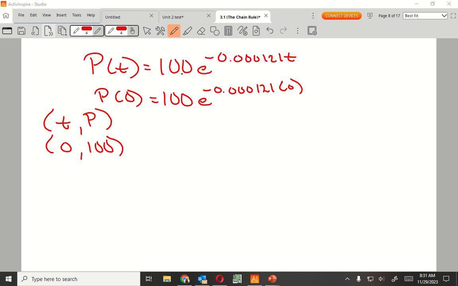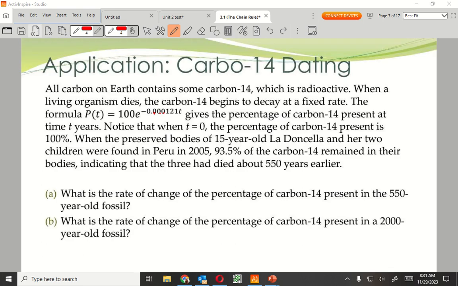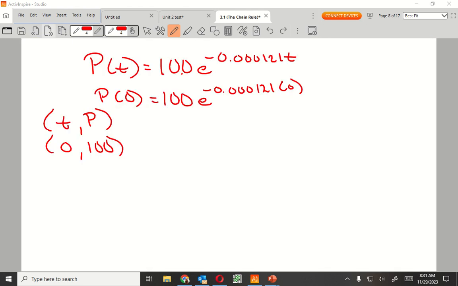Alrighty. So now I'm going to look at it and go backwards. The next point that I have is 93.5%, right?